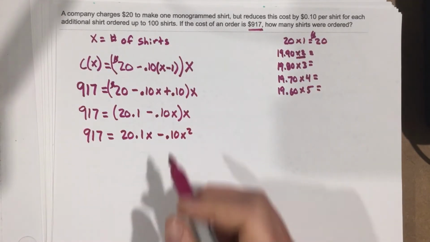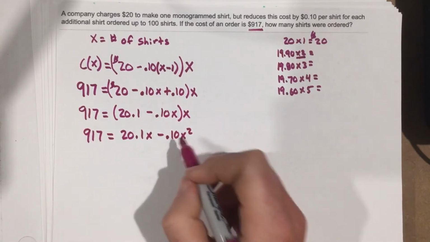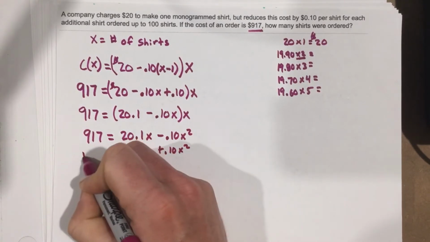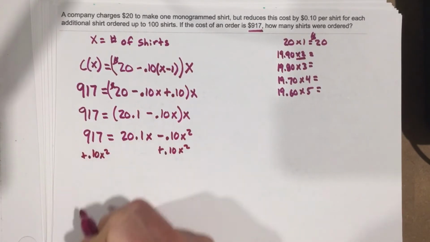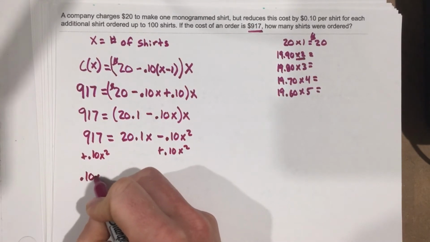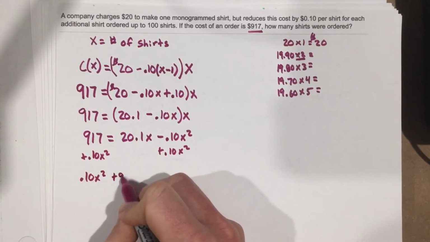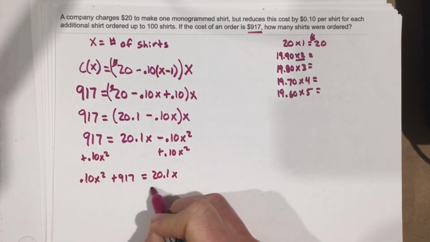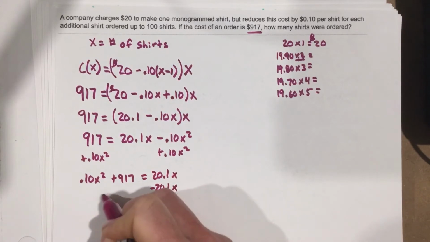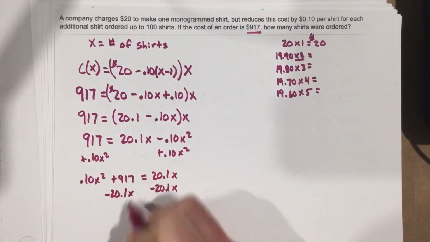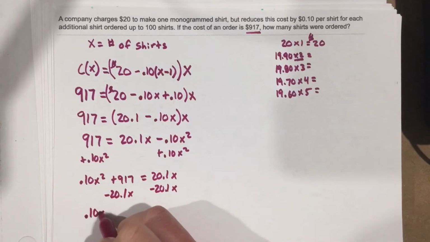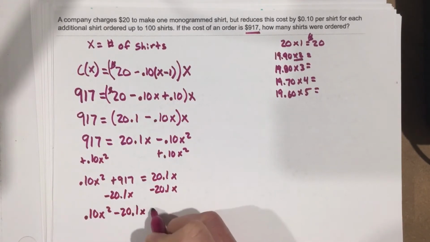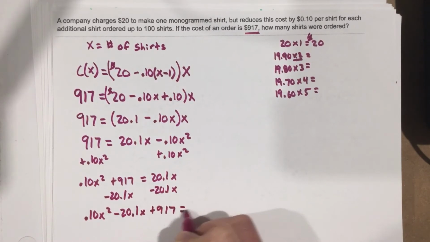Now we're going to get this quadratic equal to 0. So I'm going to add this 0.10x squared over to each side. And that's now 0.10x squared plus 917 equals 20.1x. And now I'm going to subtract that over. And that's 0.10x squared minus 20.1x plus 917 equals 0.